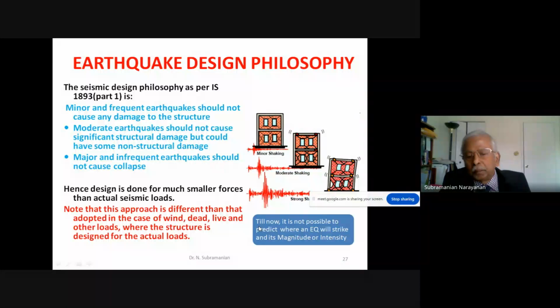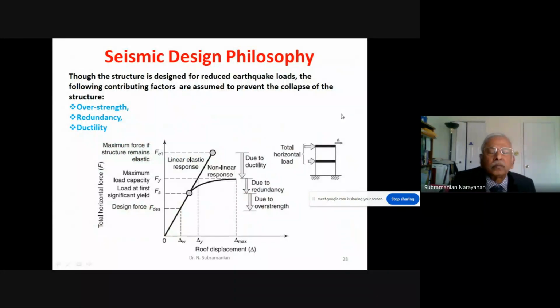Actually, it is important to note that till now it is not possible to predict where an earthquake will strike, and also its magnitude or intensity or any other feature of the earthquake. So we are reducing the actual forces by using a response reduction factor, or of course the name has been changed in the draft code. So how will the structure not collapse?